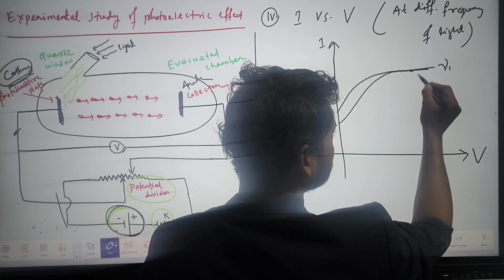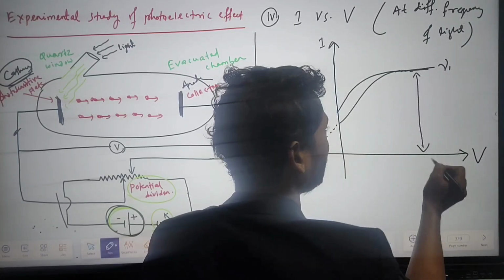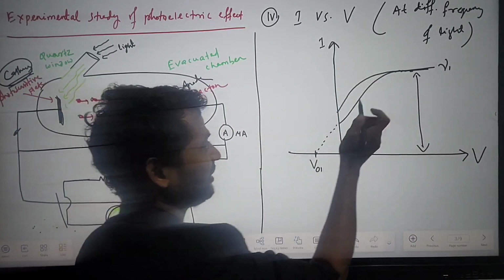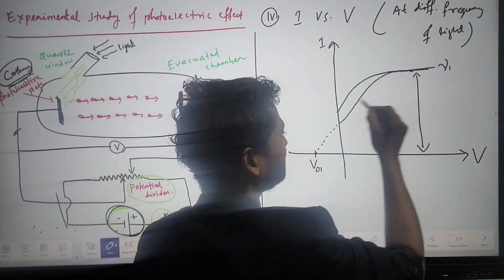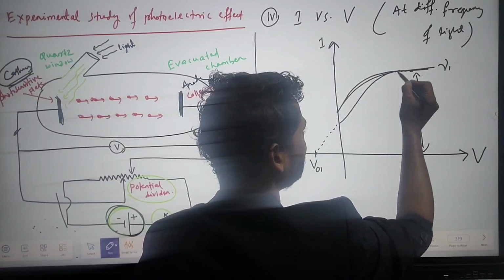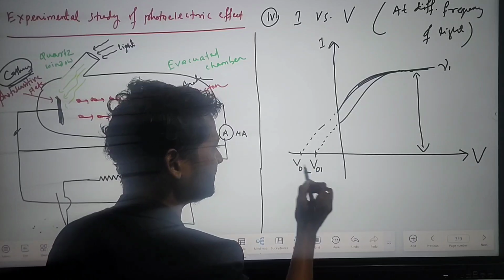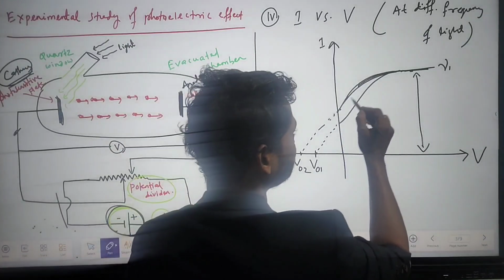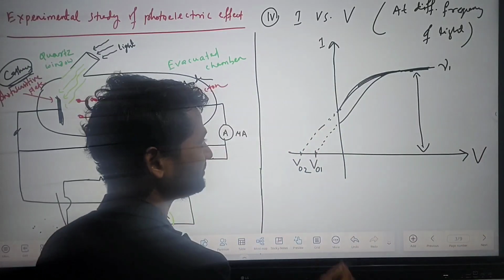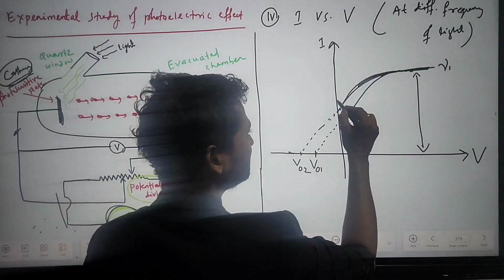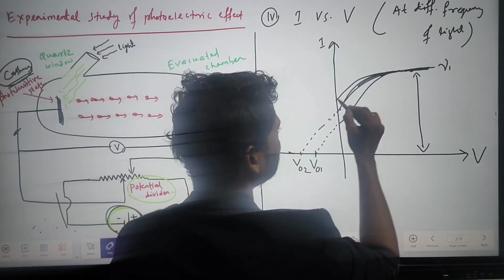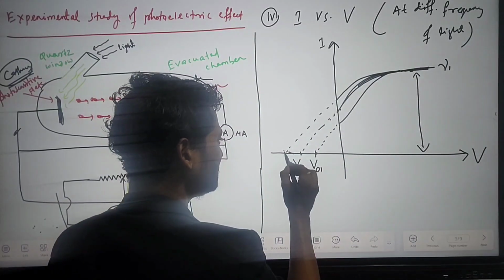Since intensity is constant, saturation current is also constant, as I have told. Now if I increase the frequency, this graph will be like this. It will have a different stopping potential, let it be V02, but your saturation current will be the same. Similarly for the third frequency, the graph will be like this.